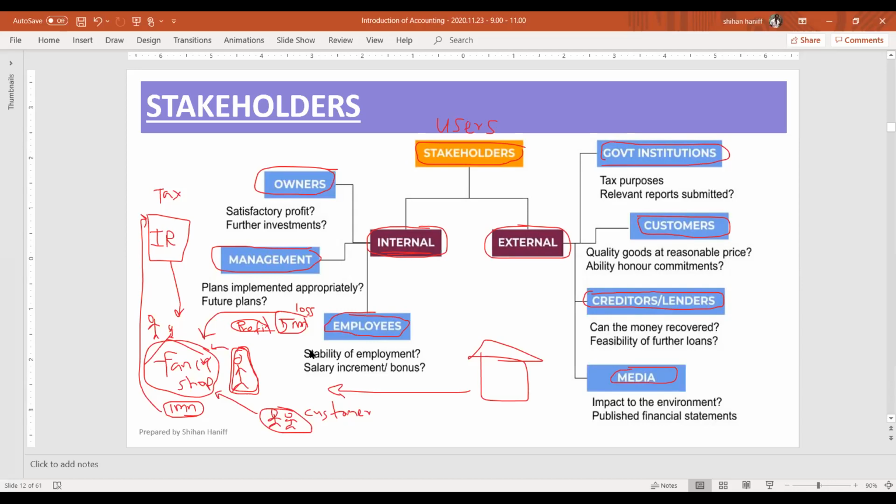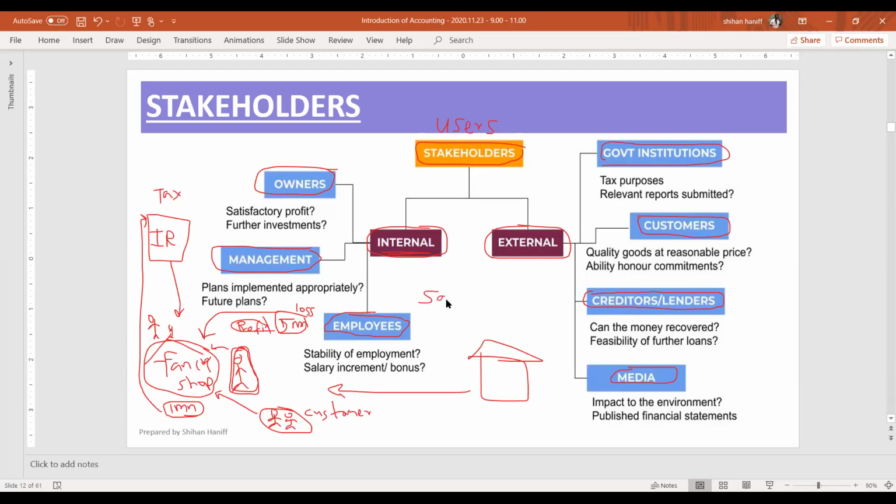And there are different options. He doesn't need to stay in this fancy shop. He can work in any other organization. He can work in a bookshop, he can work in a call center. So he has so many options. So he will see the financial stability or the profit of this business, whether he is getting a good salary.